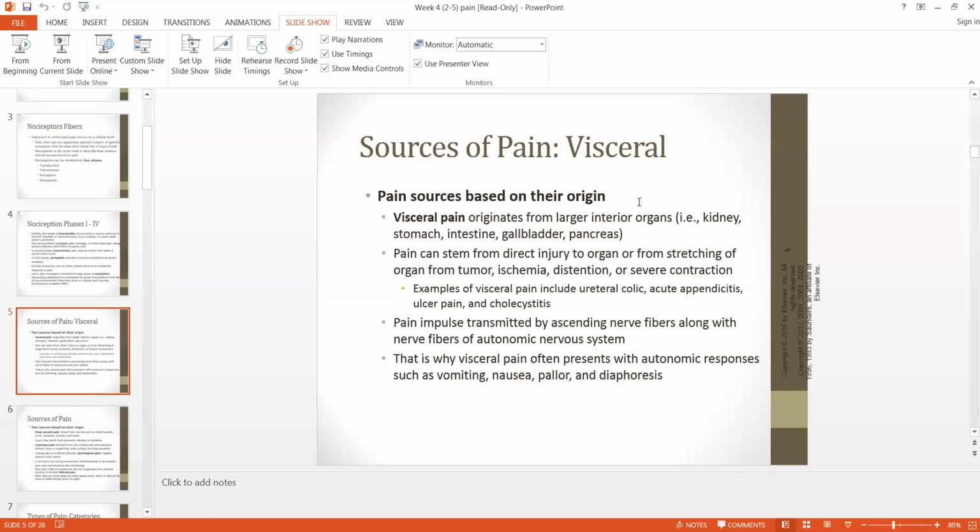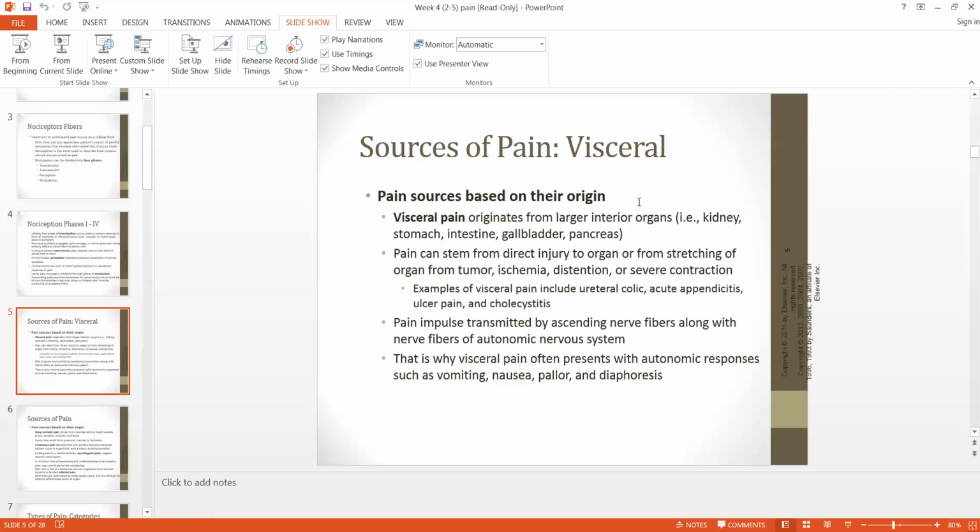Distension, and that's what's going to happen also from the tumor, or just a full bladder can cause pain. It doesn't have to be a tumor. A full intestine can cause pain. And then, the distension or the contraction, when a bladder spasms, when a muscle spasms, although the muscle isn't an organ, you can have a contraction of this. When the uterus contracts, that's going to cause pain.